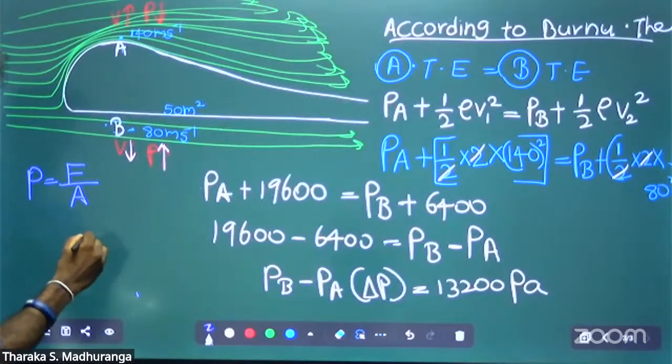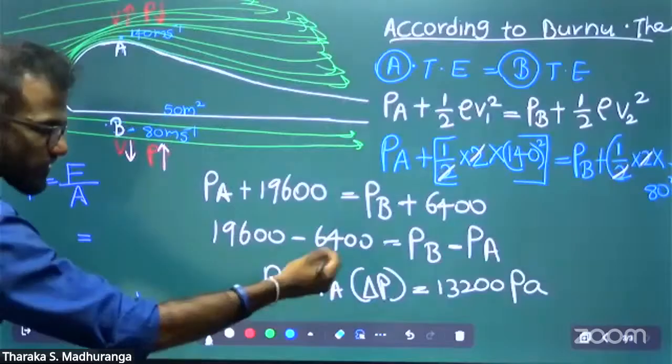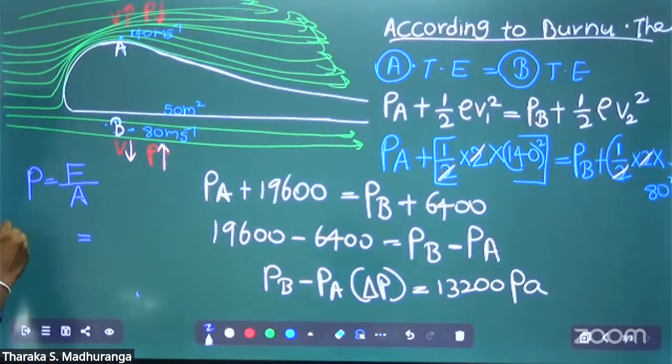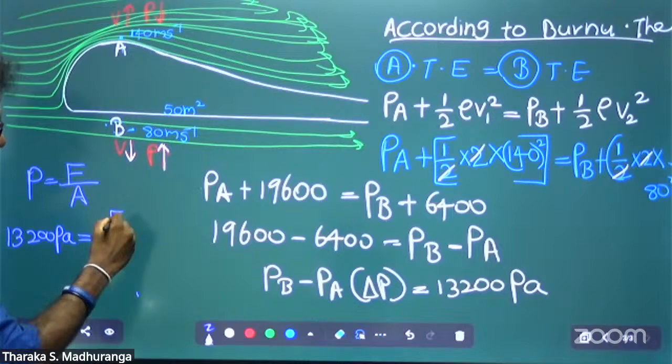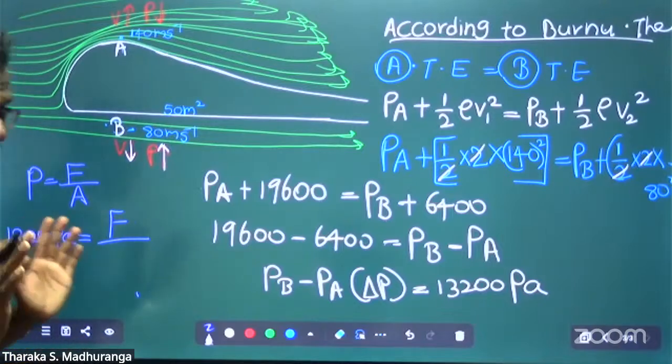The pressure difference, delta P, is also a pressure value: 13,200 Pascal.